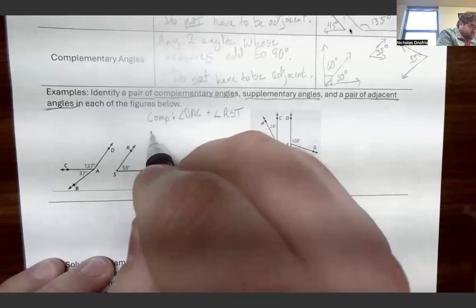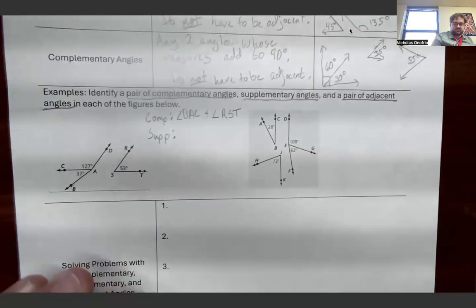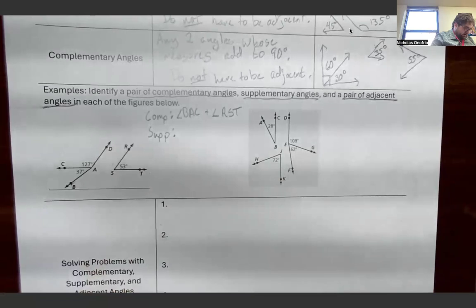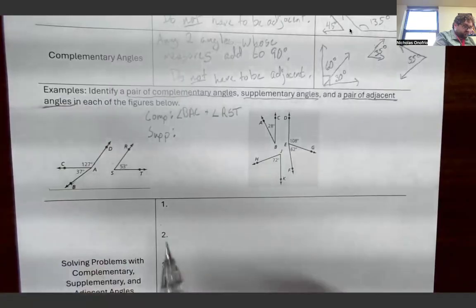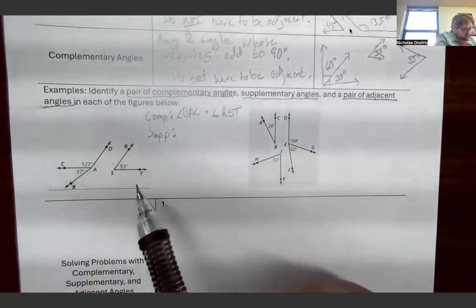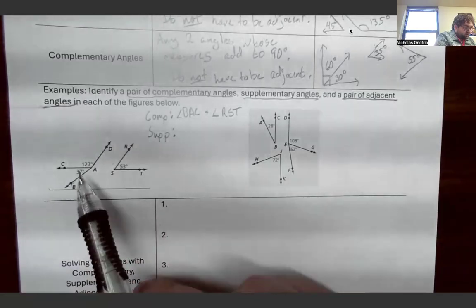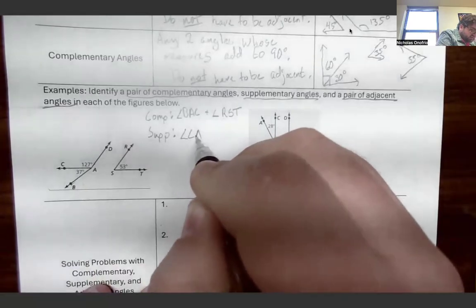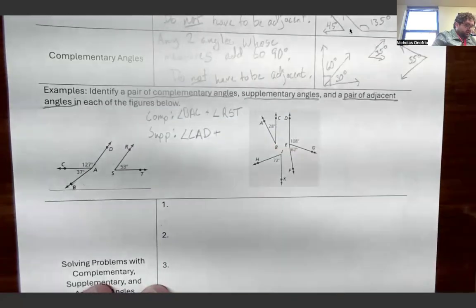Let's go ahead and identify a pair of supplementary angles. Supplementary angles add to 180. And if we put them together, they would make a nice straight line. So we look and we see, we're probably going to need one angle that's at least larger than 90 for this. We see CAD looks like a pretty natural choice. But now we need to choose our other one.